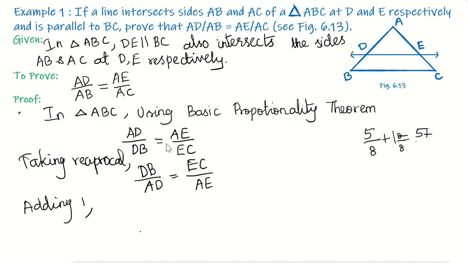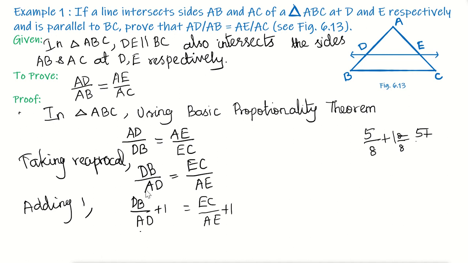In an equation, we can do the same operation on both sides, that is, add the same quantity, multiply, divide, subtract, anything. Like that we are adding 1 on both sides. So DB by AD plus 1 is equal to EC by AE plus 1.